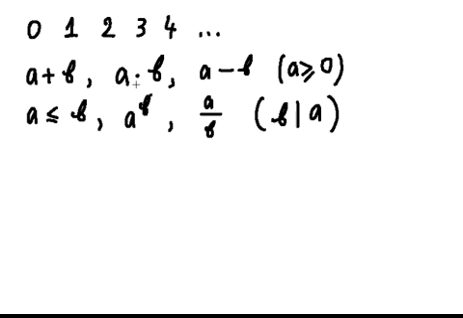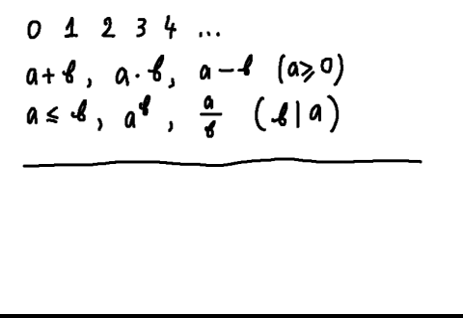So if we want to limit ourselves only to natural numbers, in terms of not only the input but also the result of the operation, then we have to put some restrictions on the variables for certain operations like subtraction and division.